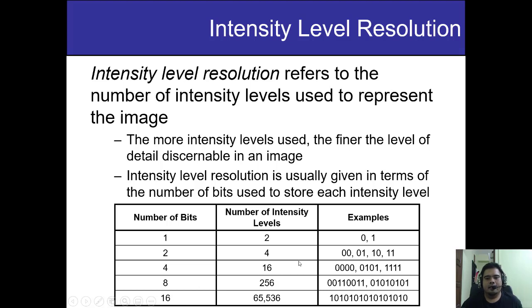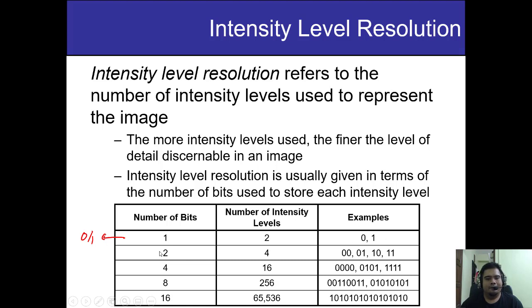If you have only 1 bit intensity level resolution, then of course with 1 bit in binary you can only have one number, either 0 or 1. So that's why you only have two colors there, black or white.